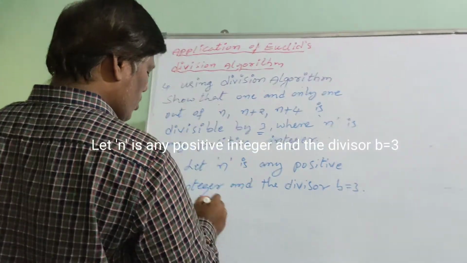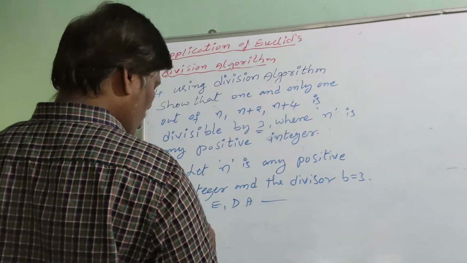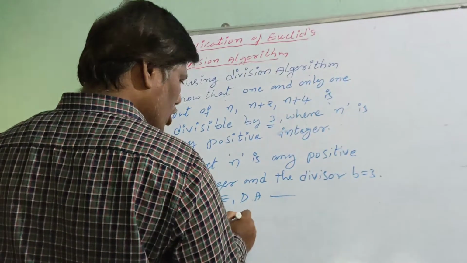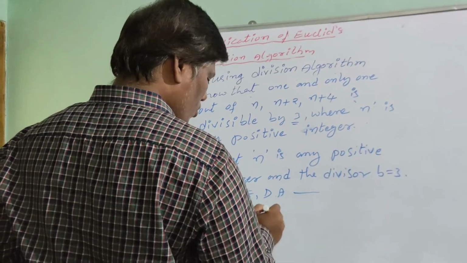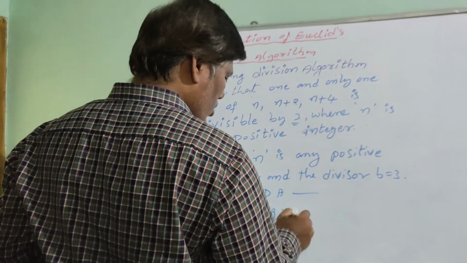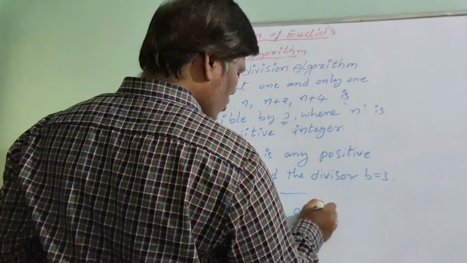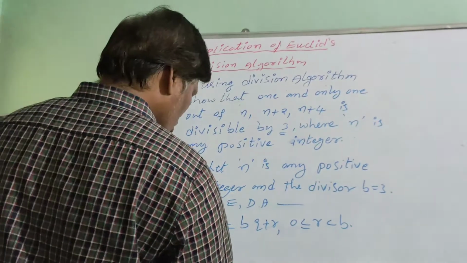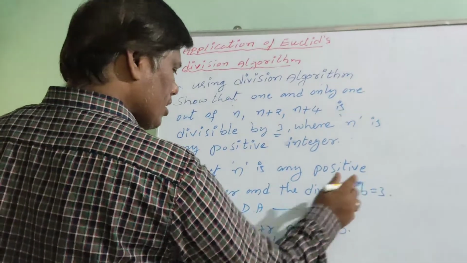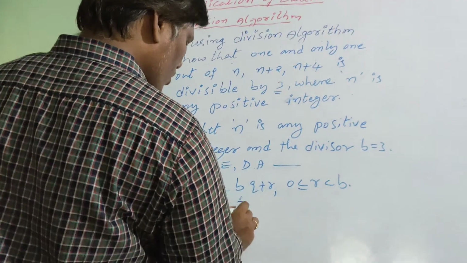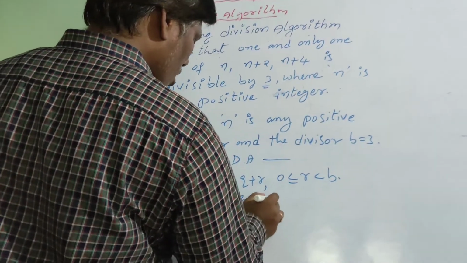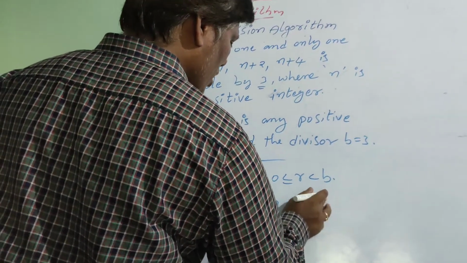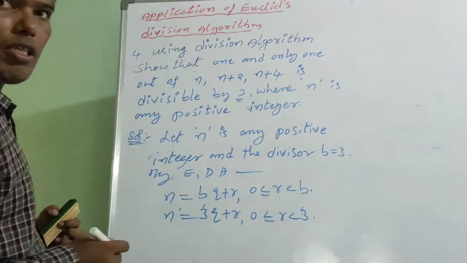By Euclid's division algorithm, what do we get? n is equal to b into q plus r, where 0 is less than or equal to r less than b. Here substitute the divisor value. The divisor is chosen as 3, so b value is 3. We will get 3q plus r, where 0 is less than or equal to r less than 3.